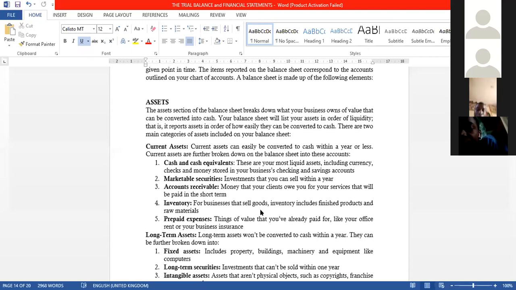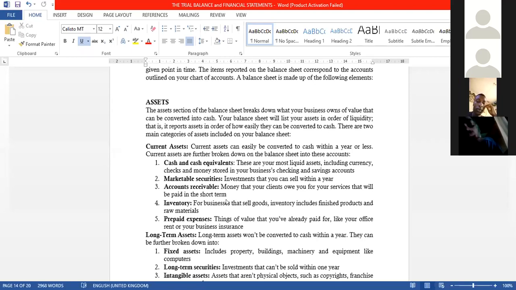And therefore, in the business setup, we divide assets into two. One is what we call current assets, and two is what we call non-current assets. Non-current assets can also be called fixed assets.